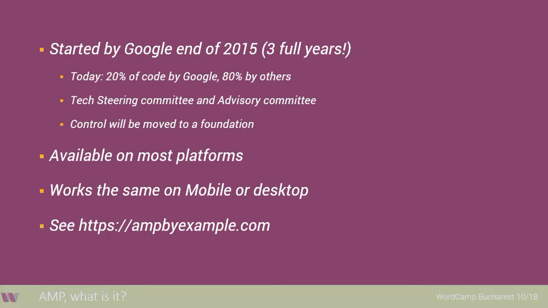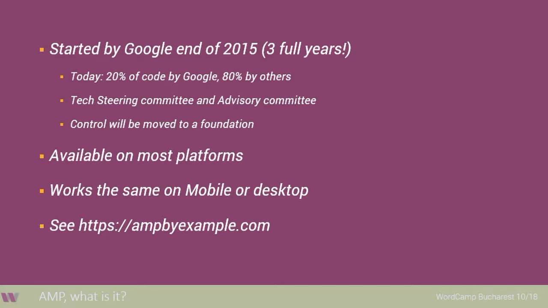Today, it has increased in size, and it's no longer really a Google project. They shared recently that it's an open source project, and only about 20% of the commits on GitHub are coming from Google people, 80% are coming from others, mostly the big companies like Twitter, eBay, and plenty of others.